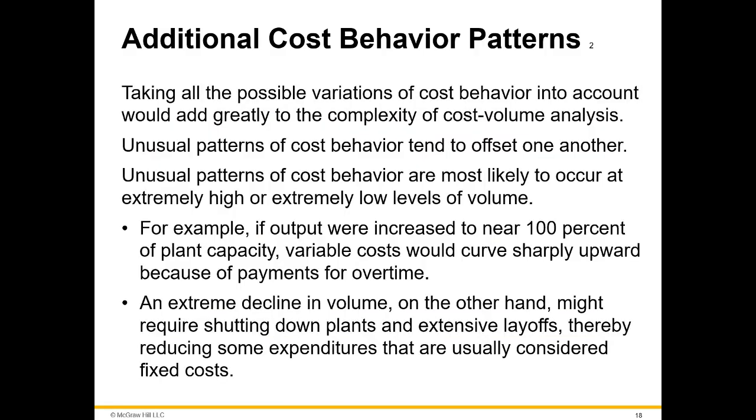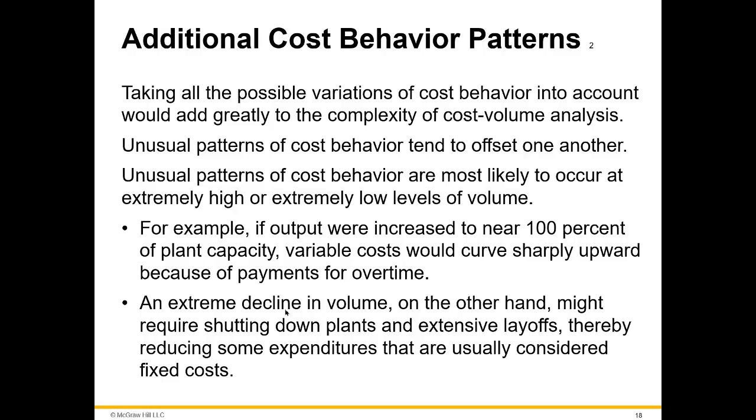So with all these variations of cost behavior, it's important to understand how cost behavior works. So unusual patterns of cost behavior are most likely to occur at extremely high or extremely low levels of volume. For example, if output were increased to near 100%, the variable cost would curve sharply upward because of payments for overtime. Okay, so if we're at or near 100%, we're going to be paying a lot of overtime.